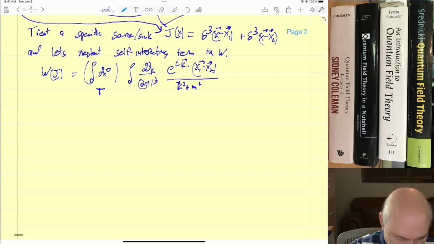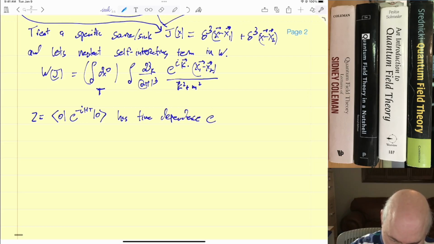Now, this is a lot of progress. Remember that Z is equal to basically <0|e to the minus i H t|0>. And so it has time dependence, e to the minus i E t. And since we had the equation before where we set it equal to e to the i W of j, this implies that i W equals minus i E t. Not worrying about some constants that we'll get rid of anyway on normalization.